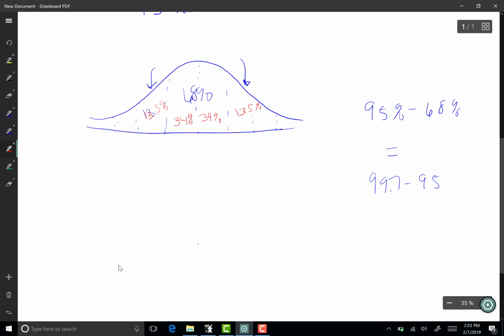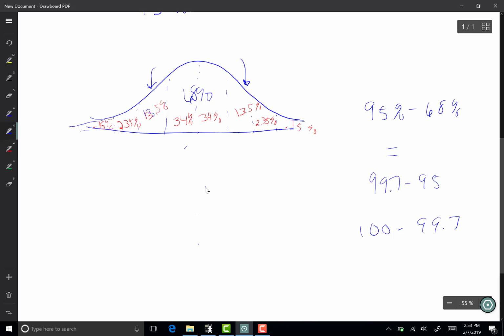So 2.35% are in these little sections. And then the tails here, right, is 100 minus 99.7 or 0.3. You've got 0.15% here, 0.15% here.